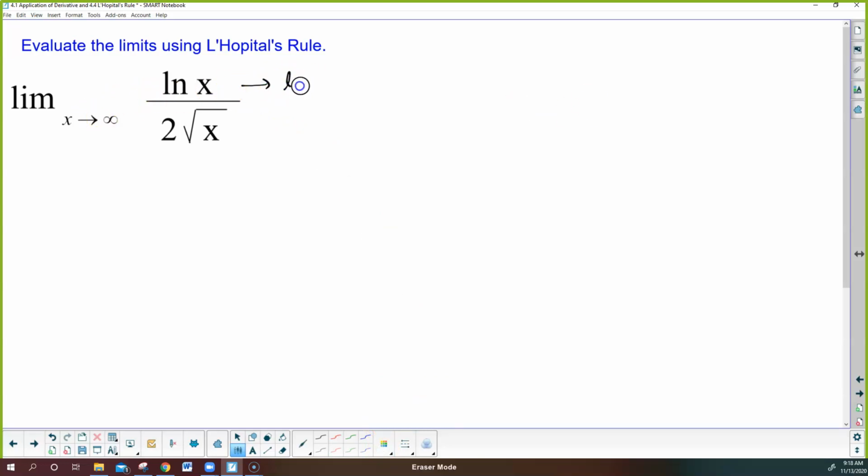So right away, I'm going to take the limit of the top. So we know that the limit as x goes to infinity of ln of x is really the natural log of infinity, which is infinity. And then on the bottom, I have the limit of 2 times the square root of x as x goes to infinity.